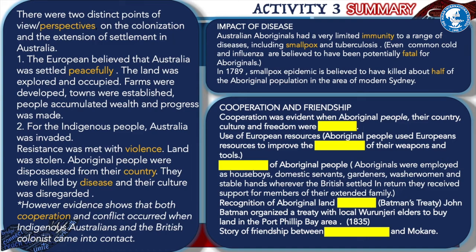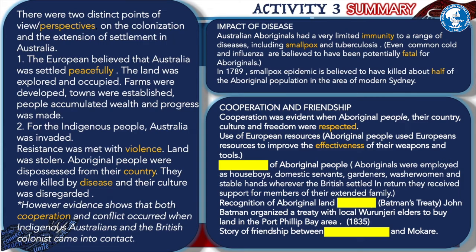Okay, now let's have the last one, cooperation and friendship. So cooperation was evident when Aboriginal people, their country, culture, and freedom were respected. Good. And the use of European resources. Aboriginal people used European resources to improve the effectiveness of their weapons and tools.